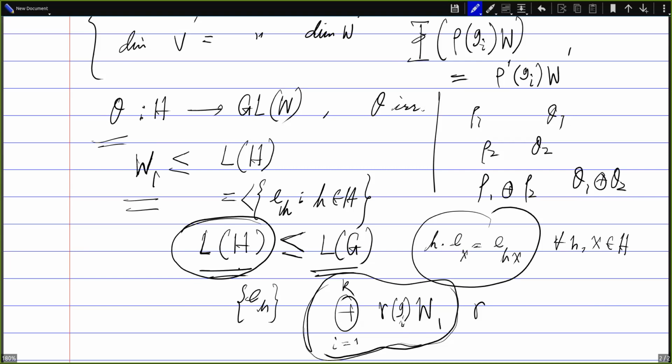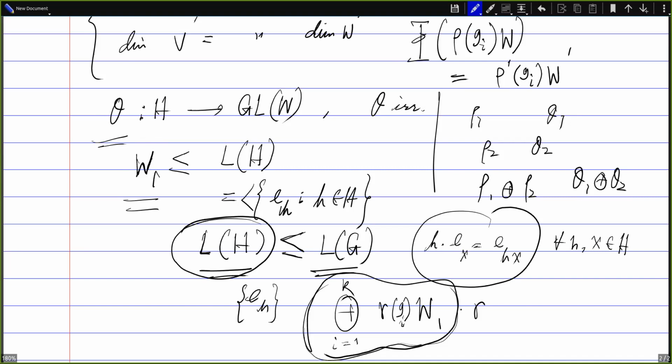Now we see LH as a subspace of LG, and as well the left regular representation of H as a restriction of the left regular representation of G on H. Once we have done that, since the restriction of the left regular representation on H induces the left regular representation of G, therefore, being an H invariant subspace, W1 becomes G invariant.